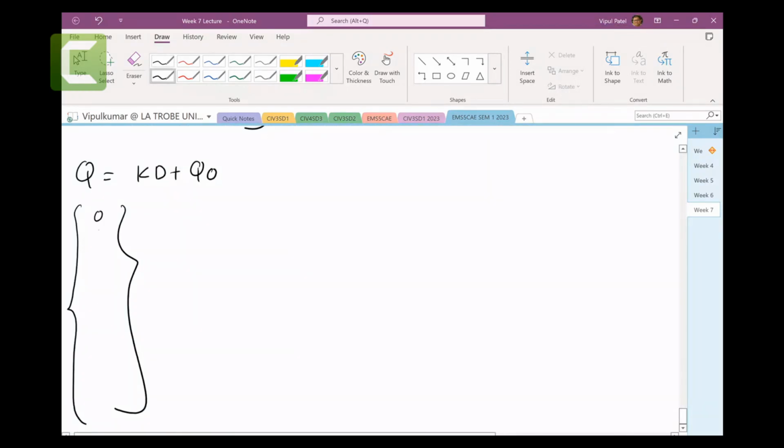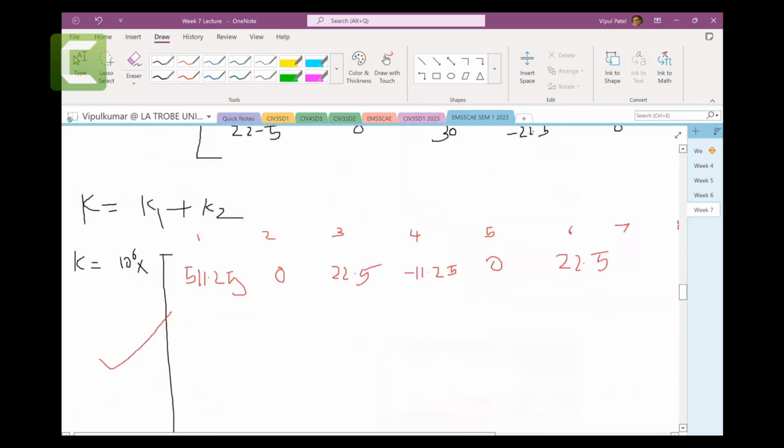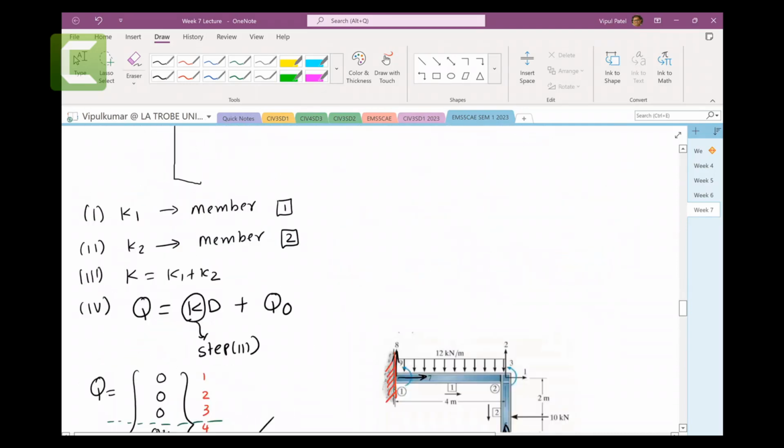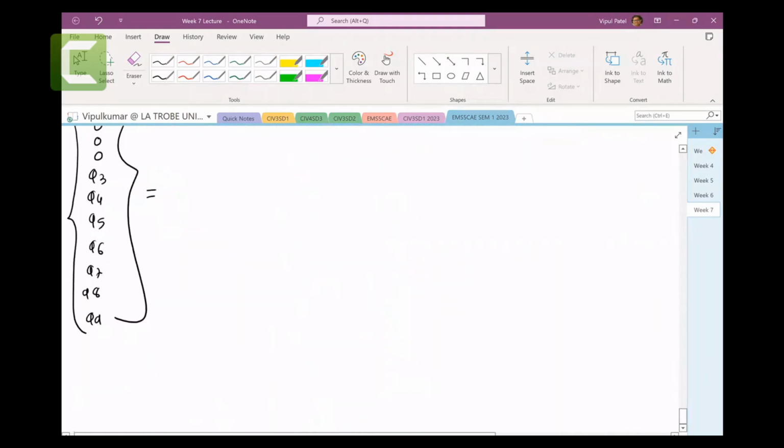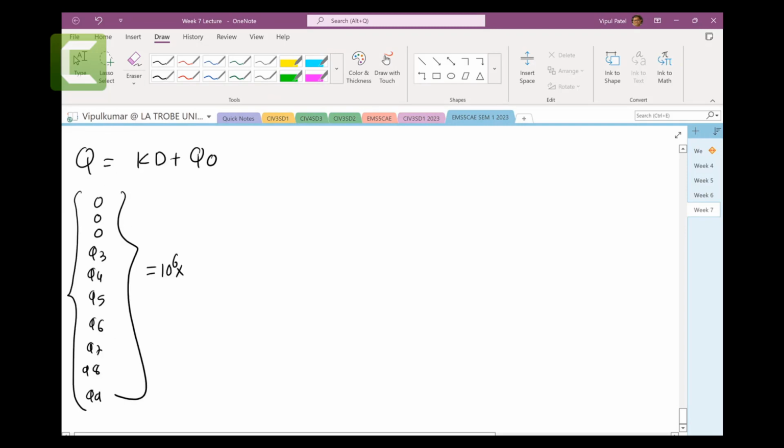So Q is 3 zeros, then Q3, Q4, Q5, Q6, Q7, Q8, Q9, equal to capital K. We did capital K in our Excel too. So here you go, capital K, I'm copying it from my Excel file, 10 to the power 6 times this, and I can see the partitions here.